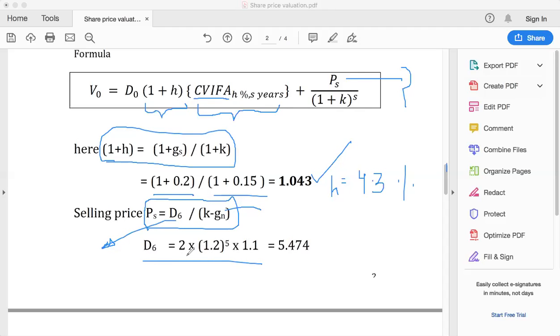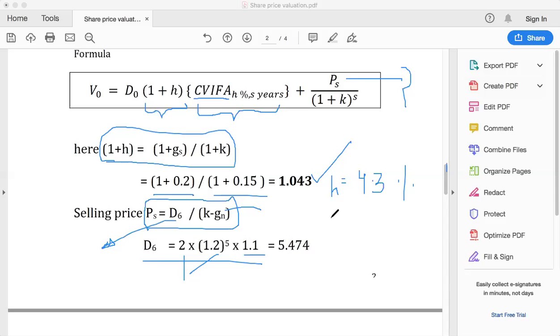So D6 will be D0 multiplied by 1.2 raised to the power 5. This is what we have learned in the previous example, how you calculate this D6 given D0, the most recent dividend, multiplied by 1 over K minus G.